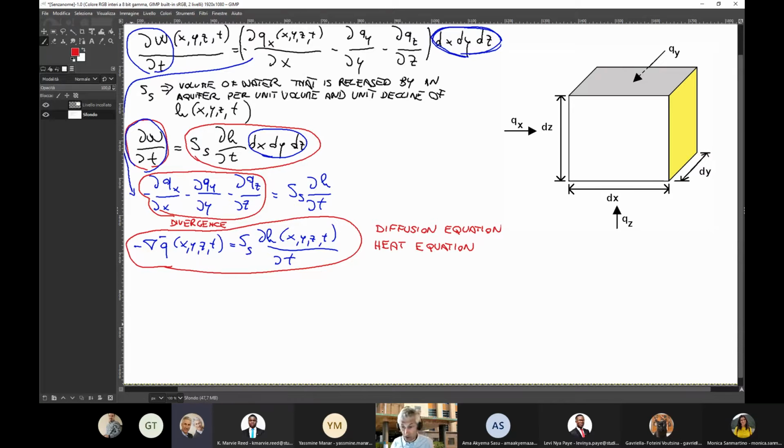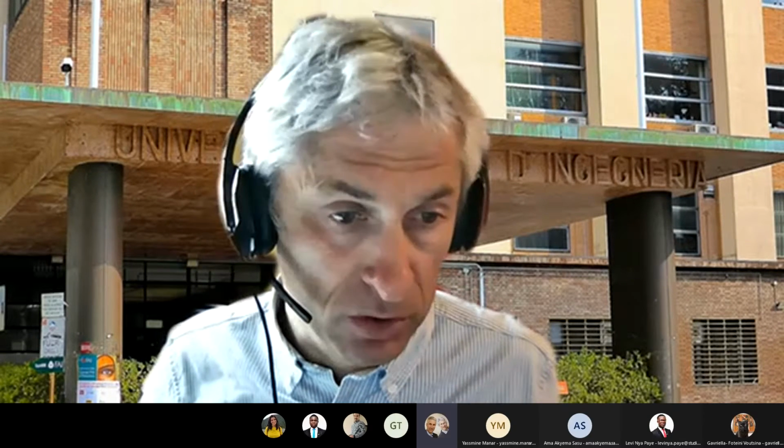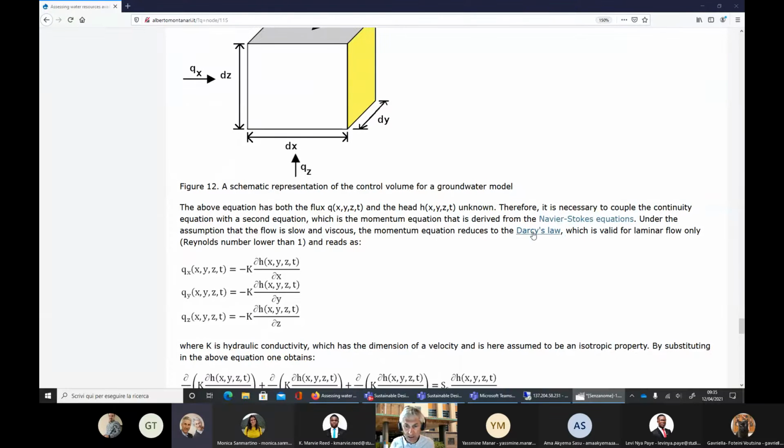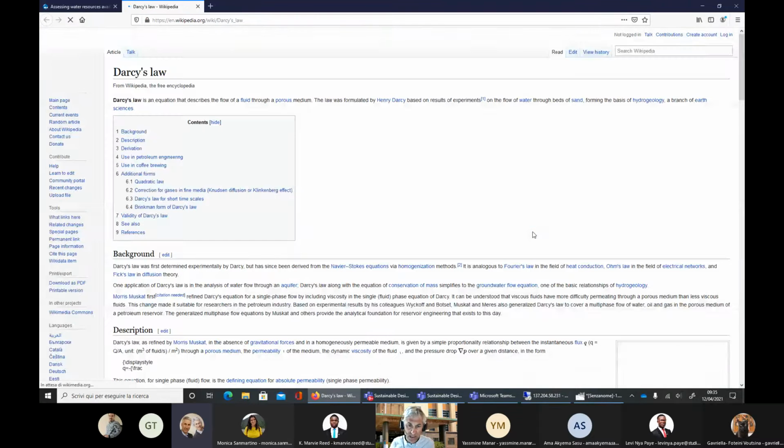Let me just share my screen 1 second and go to my web page, because I want to give you just a brief example. And here you see there is a link on Darcy's law, which is, again, valid for laminar flow only, no turbulence.